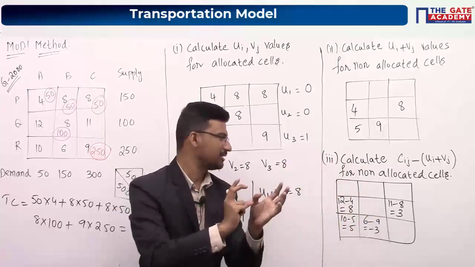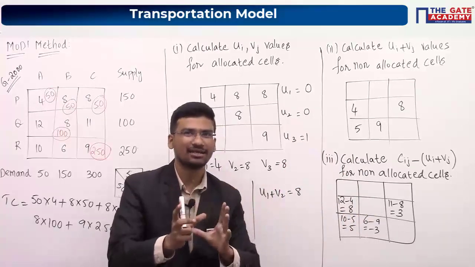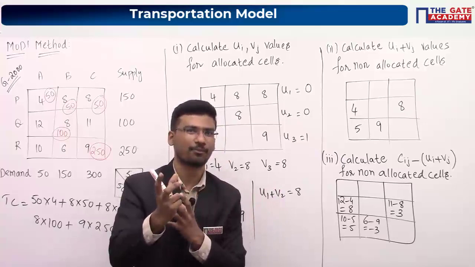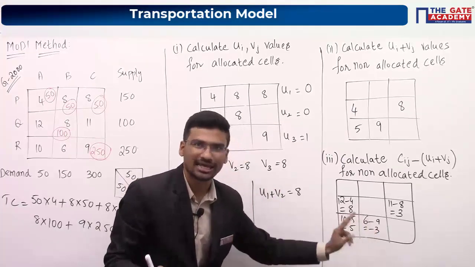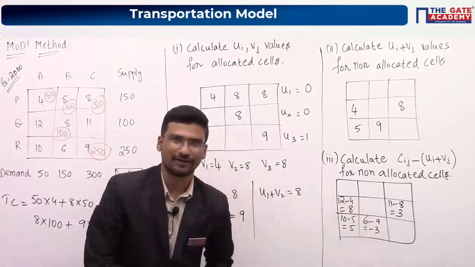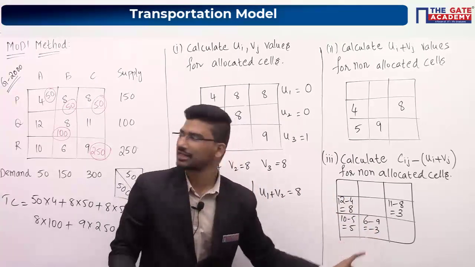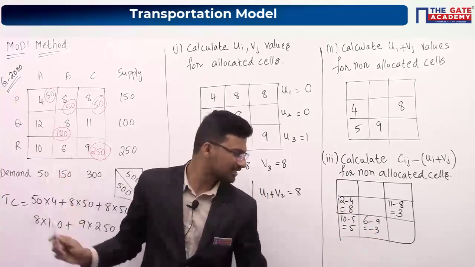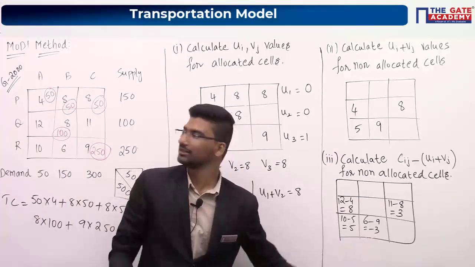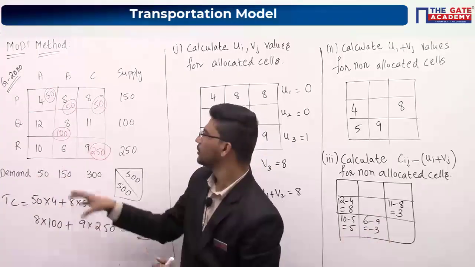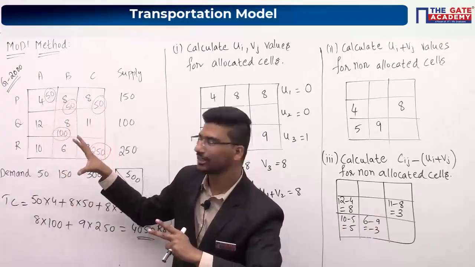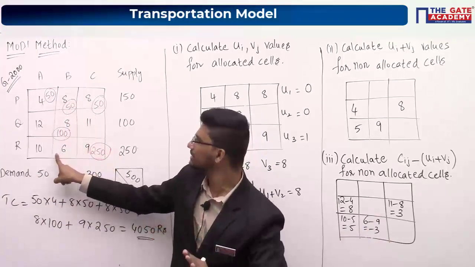No need to discuss in detail, but I am just giving you some additional points. This negative value indicates that in this particular cell, you can do allocation. This is a non-allocated cell. In this particular cell, we are having a negative value. This negative value indicates that you have to change your allocations and do some allocation in this particular cell.